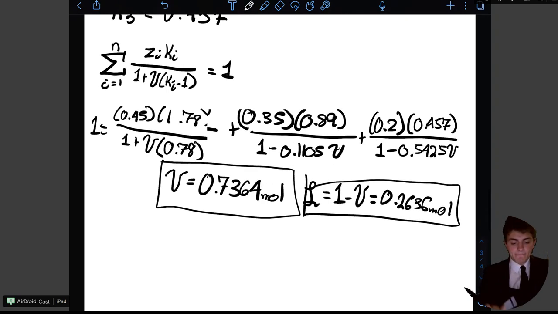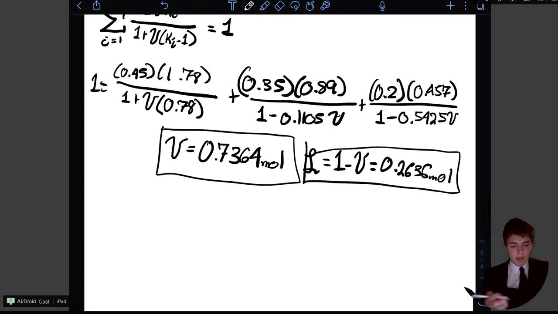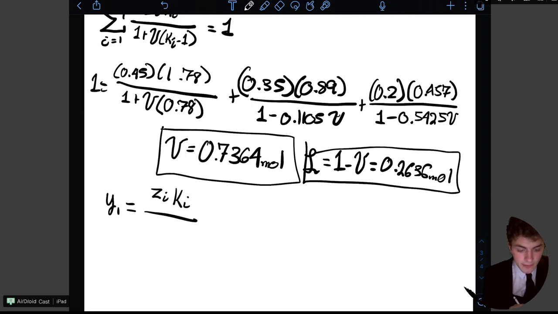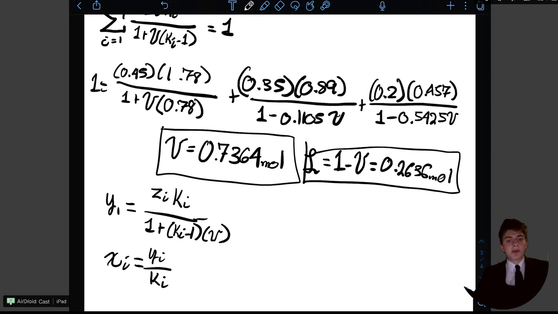Wonderful. Now, with all that done, we can go ahead and plug back into another equation that I derived earlier, which is yi is equal to zi ki over 1 plus (ki minus 1) times V. And then again, xi will be equal to yi over ki due to Raoult's law.